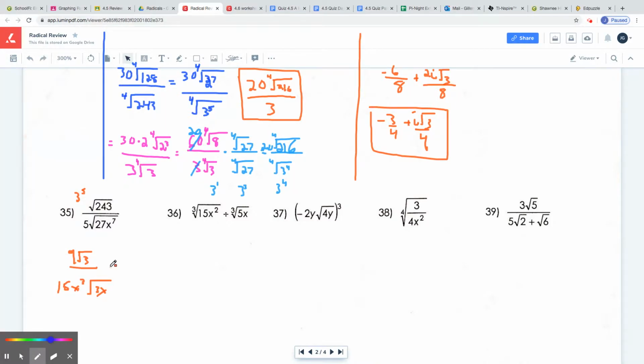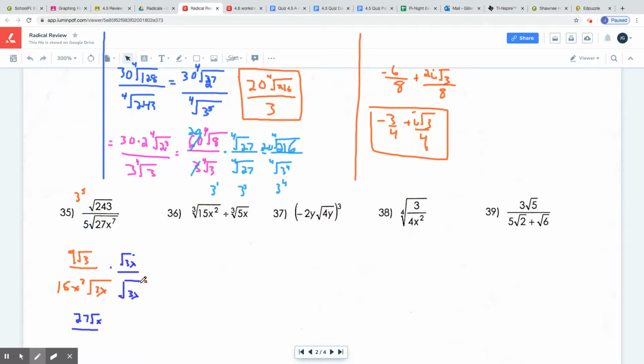So now that I've simplified that, now I need to multiply by the square root of 3x on the top and the bottom. So 9 root 3 times root 3x is 9 root 9x, but root 9 is 3, so 9 times 3 is 27 root x over 15x cubed.